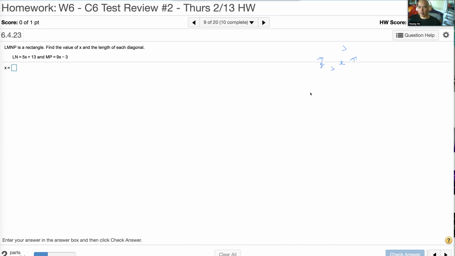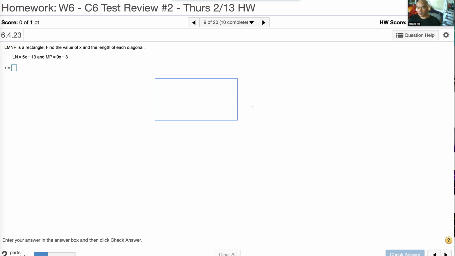Question 9. They give you LMNP is a rectangle. Find the value of x and the length of each diagonal. In a rectangle, the 2 diagonals have to be congruent.